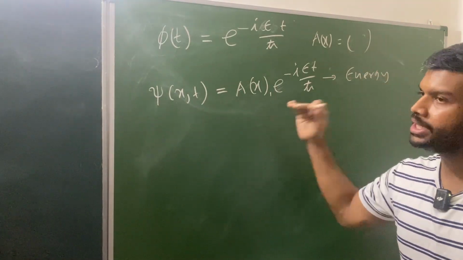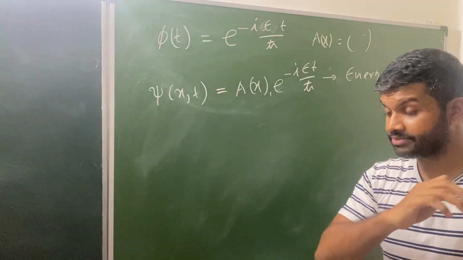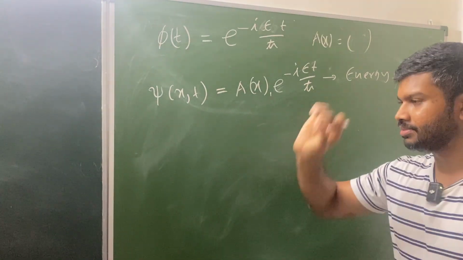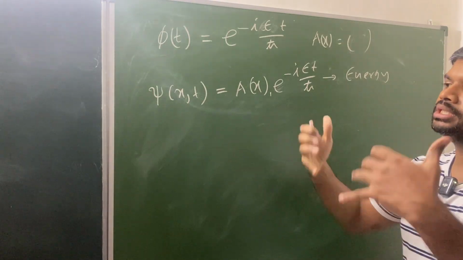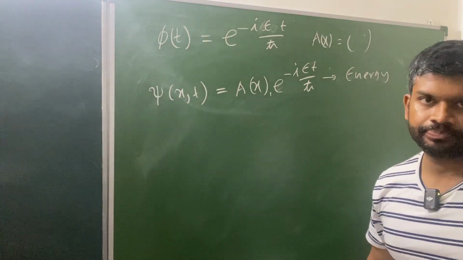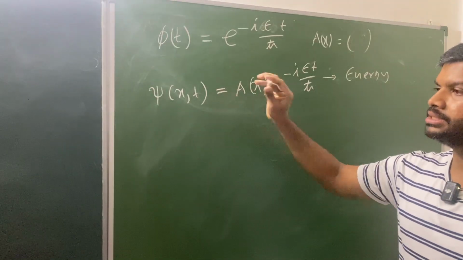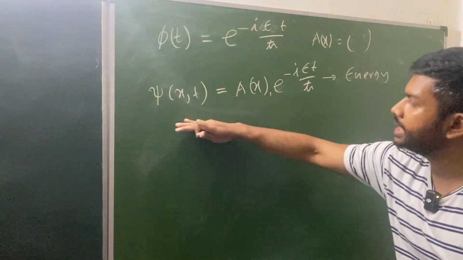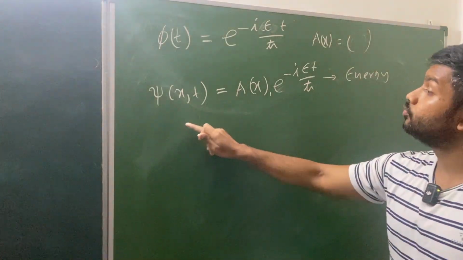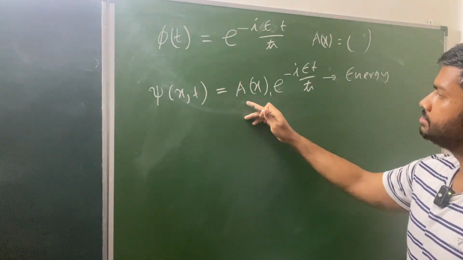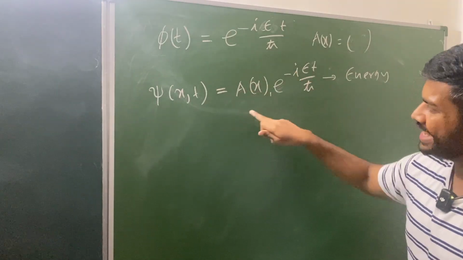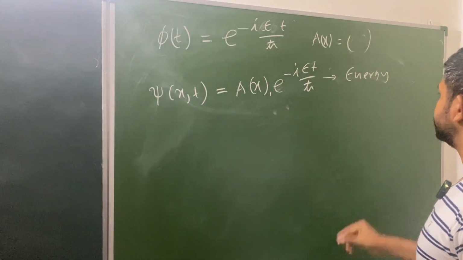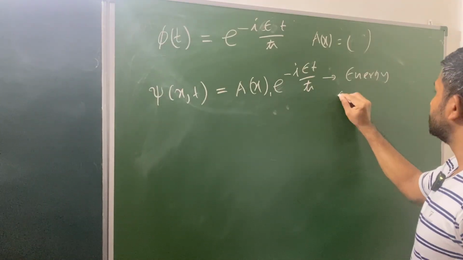When the potential is not a function of time, when the potential is only a function of x, the spatial part, you can write separable solutions like this. Your wave function is separately a function of x, the spatial part, times a function of time. So this is called the energy eigenfunction, eigenstate.